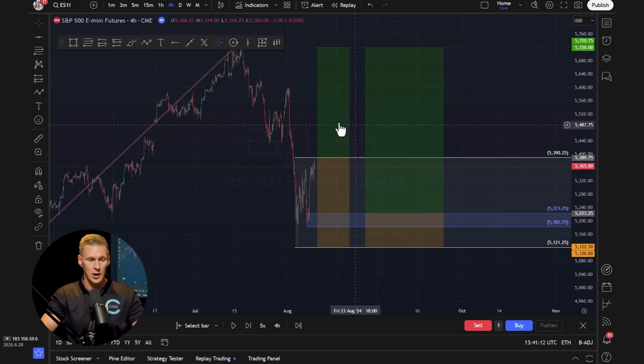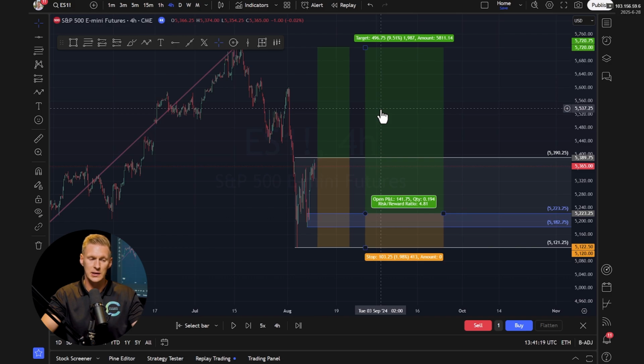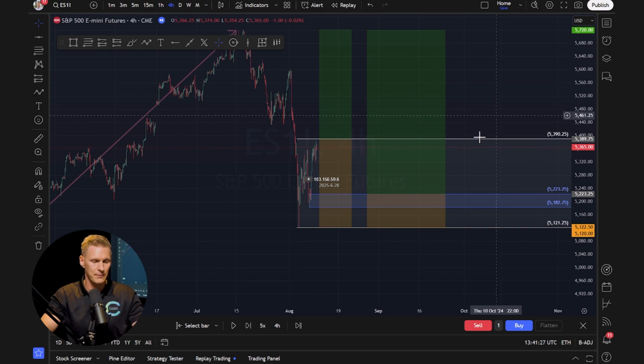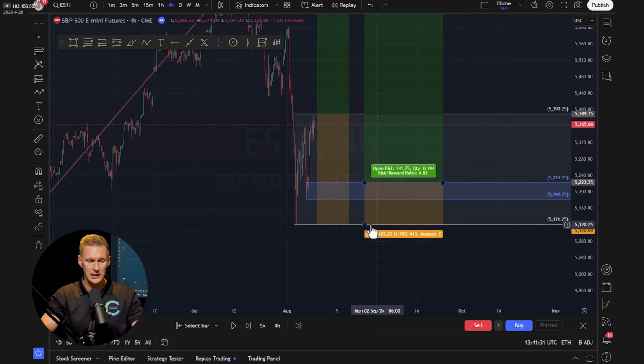Okay. Option 1, risk to reward ratio 1.24. Not the best, right? What about this? Here, risk to reward ratio 4.81. Almost 5 Rs. We also have another opportunity. We can move our stop loss. Here we use the higher time frame hammer candle low, right?